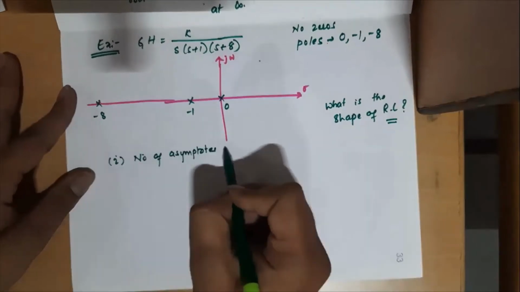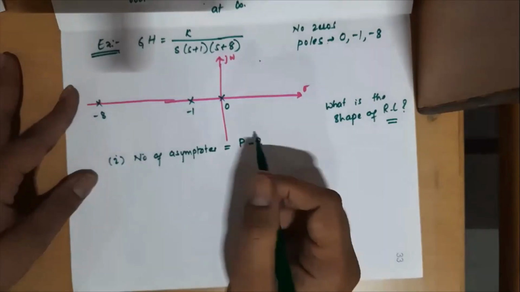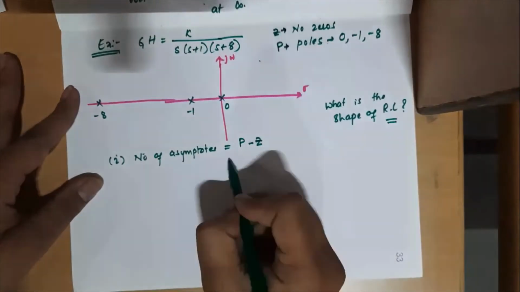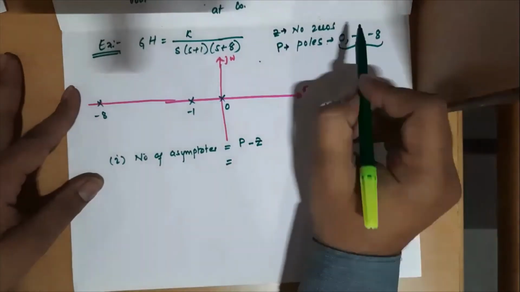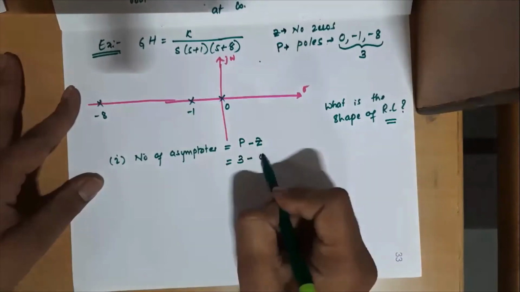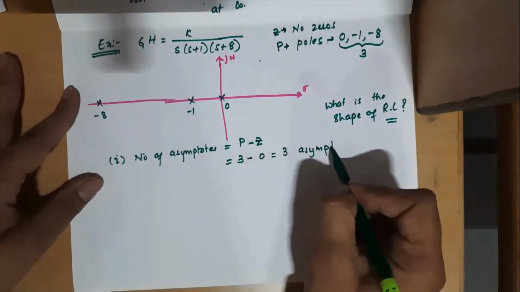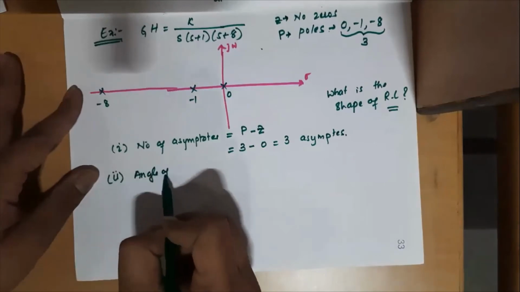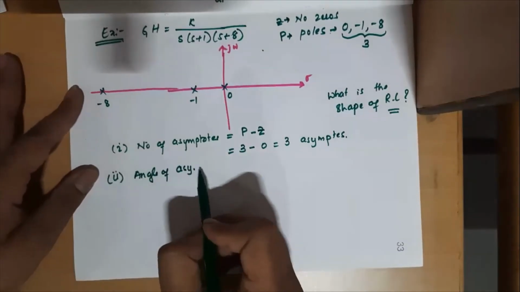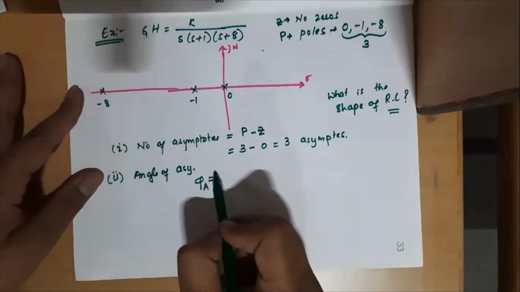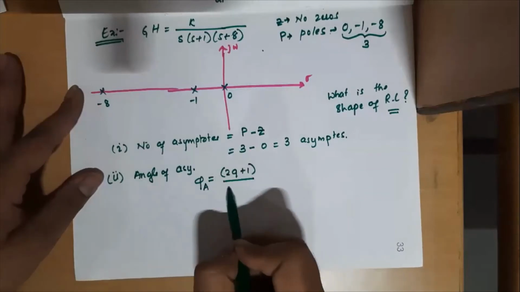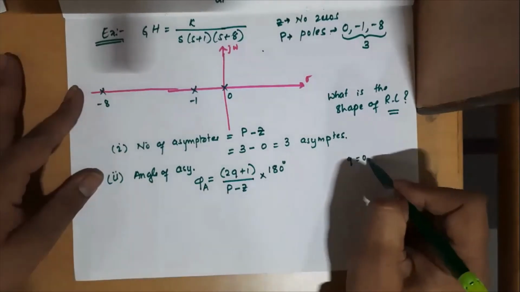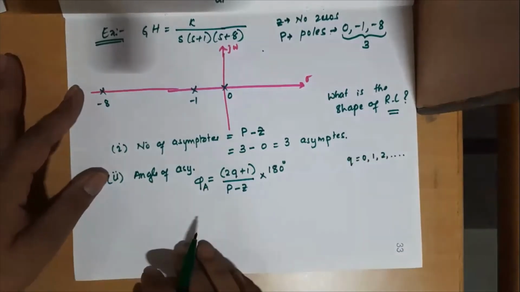So first thing is you need to calculate the number of asymptotes using this formula, P minus Z, where P is the number of poles and Z is the number of zeros. Since P is 3, it is 3 minus 0 equal to 3. So there are 3 asymptotes. Then the second thing we need to calculate is the angle of asymptote, which is given by the formula phi A equal to (2Q plus 1) divided by (P minus Z) into 180 degrees, where Q can take values 0, 1, 2.